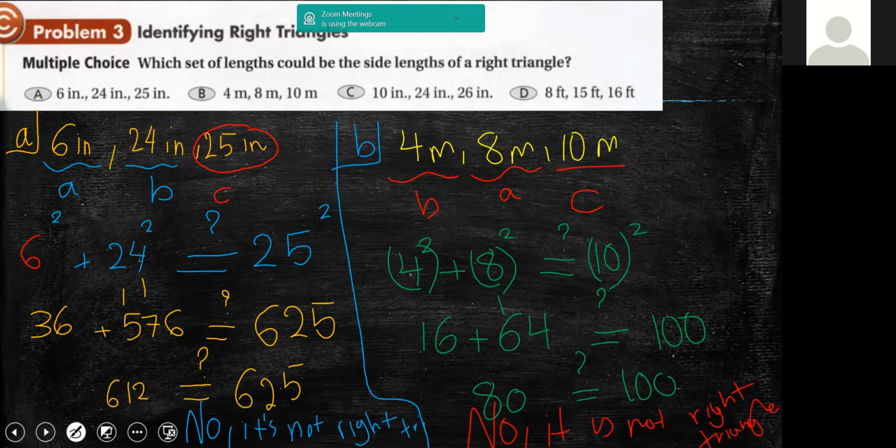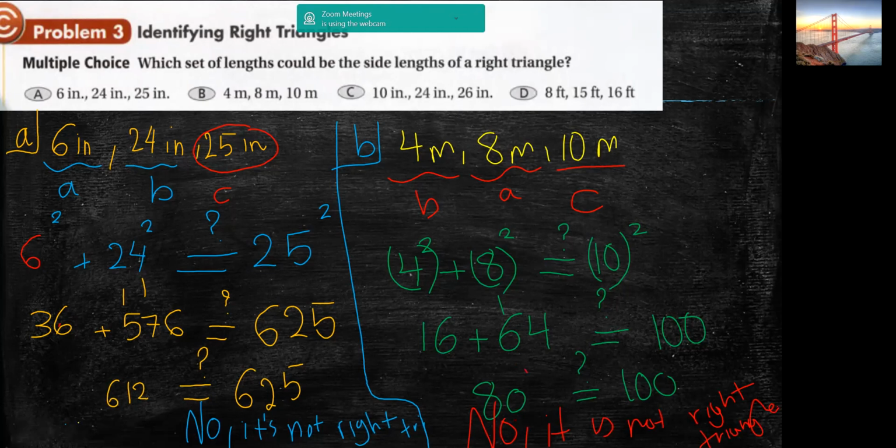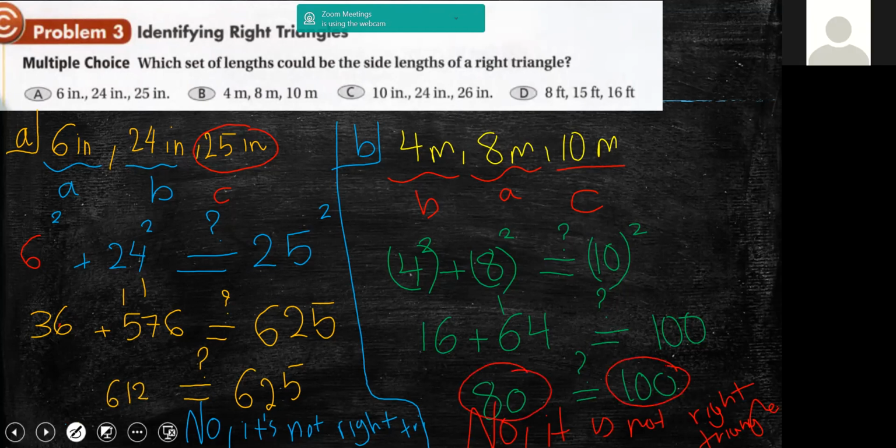Teacher, when can it be a right triangle? If this number equals this number. Oh, okay. Inshallah, C or D will be right. You will see here how. Let's do C now.